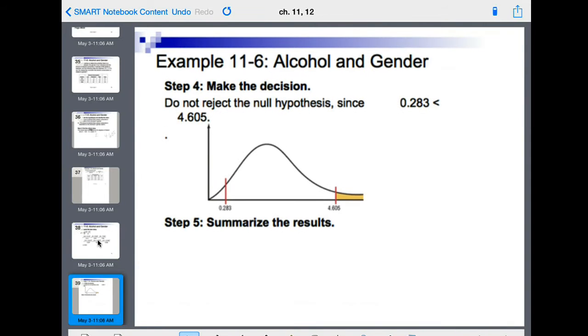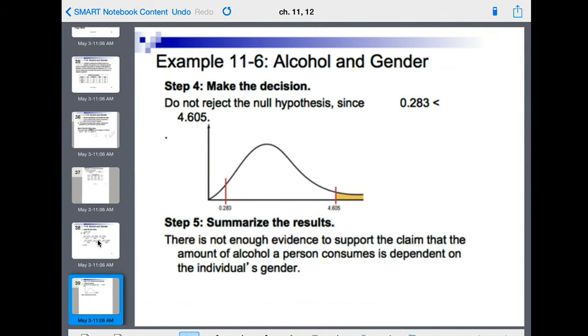Notice that 2.83 is less than 4.605, so therefore there is not enough evidence to support the claim that the amount of alcohol a person consumes is dependent on the individual's gender. So the individual's gender does not determine how much alcohol they claim they drink.